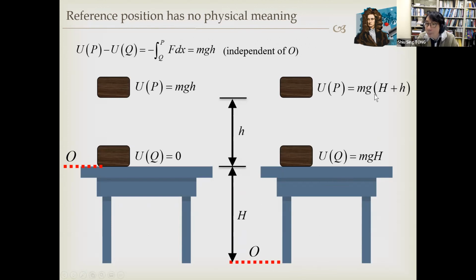So its potential energy is mg(H plus h). But if I find the difference between the two, I can see the big H will cancel, and I also get the same value, mgh. So the meaning of this formula is like this. No matter where I choose the reference position, the potential energy difference between two fixed points, P and Q, is always the same and independent of what reference position I choose. Okay, so this is independent of O.